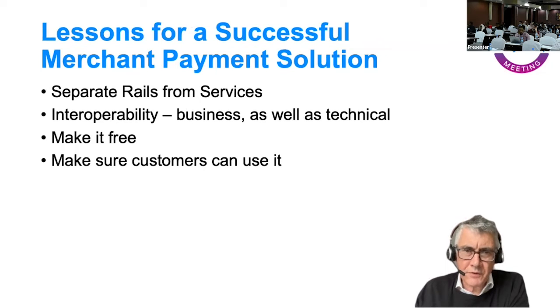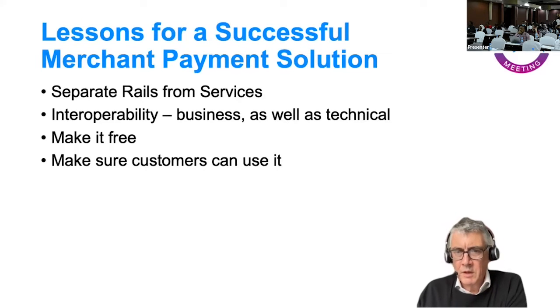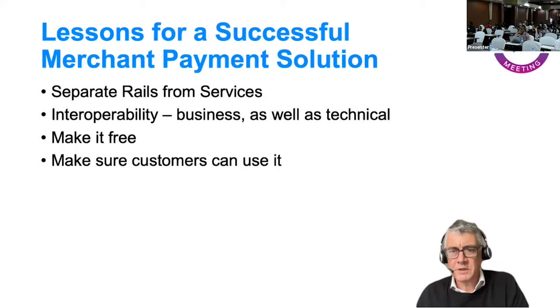So the lessons for a successful payment solution is, well, the very first one is separate rails from services. The modular loop hub provides an extremely efficient, cost-effective, interoperable set of payments rails.